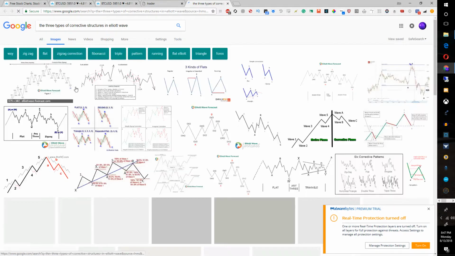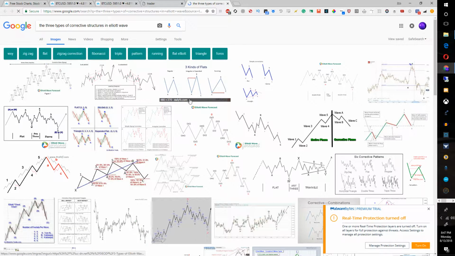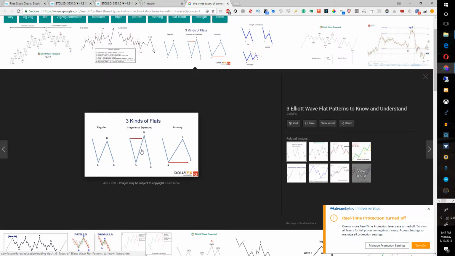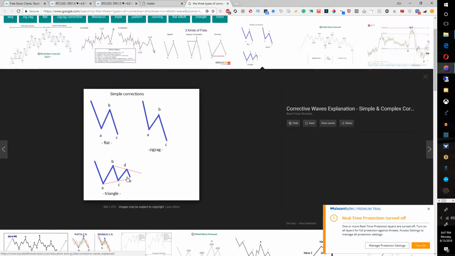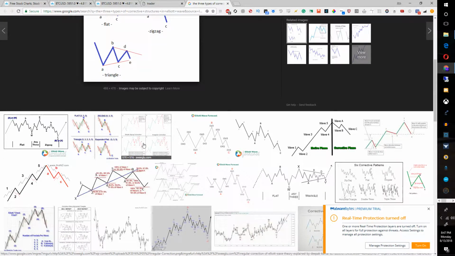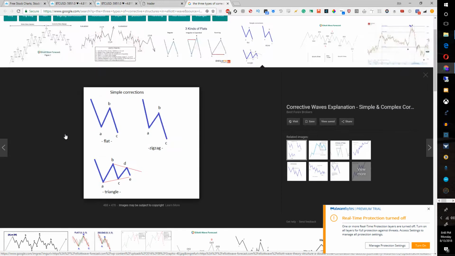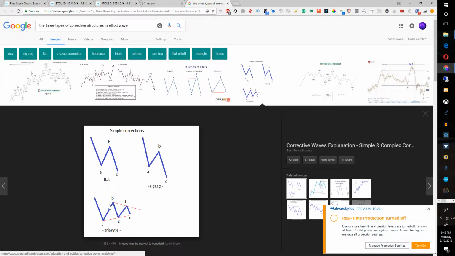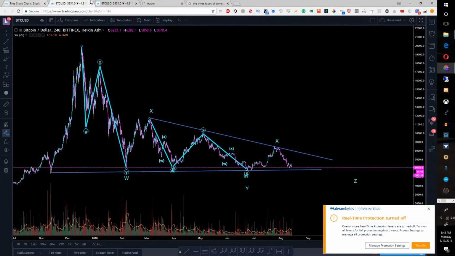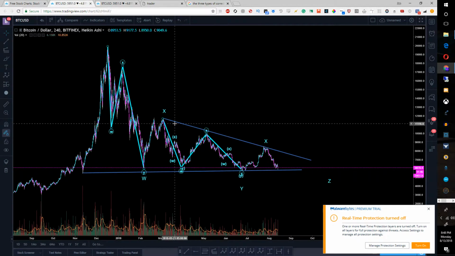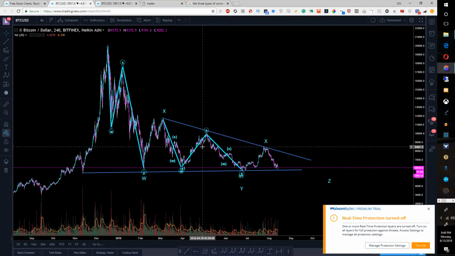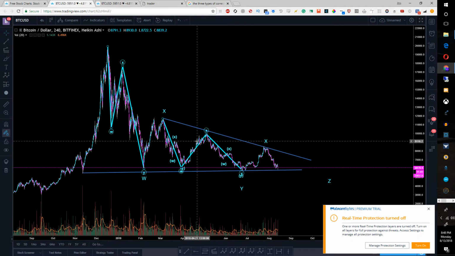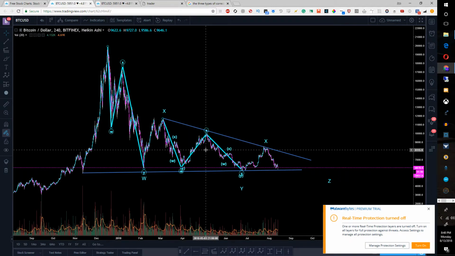So you'll have flats like these, you'll have triangles like these, and you'll also have just a normal ABC correction. So you'll have a flat, you'll have a zigzag, or you'll have a triangle. And so basically what I'm saying is that these can all be swappable. This can be a flat, this can be a zigzag, or this can be a triangle.